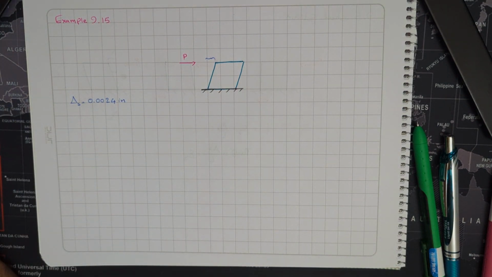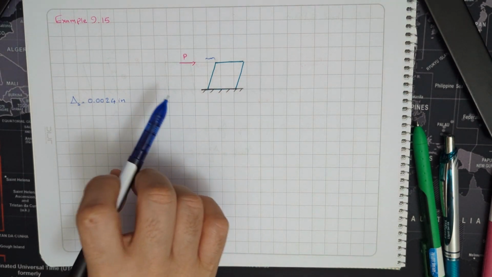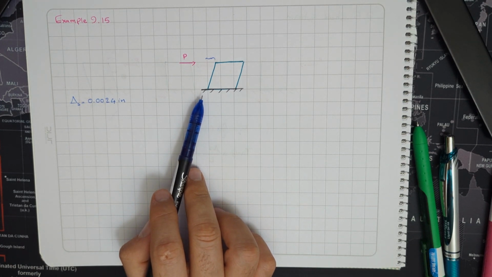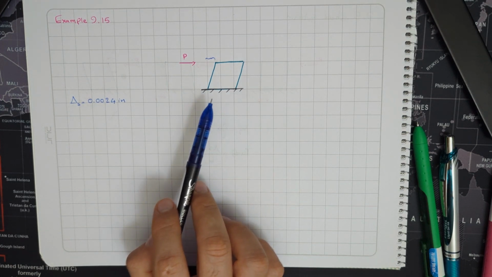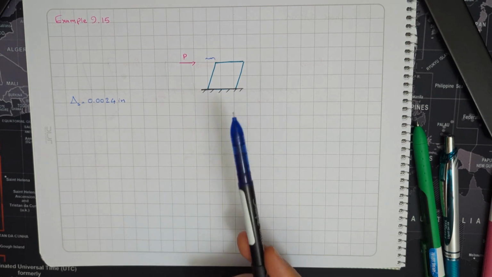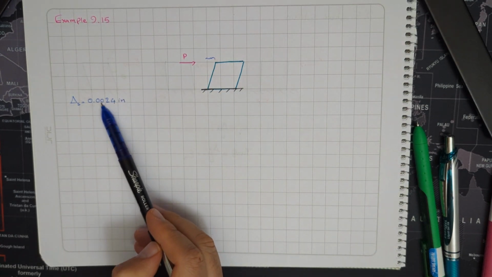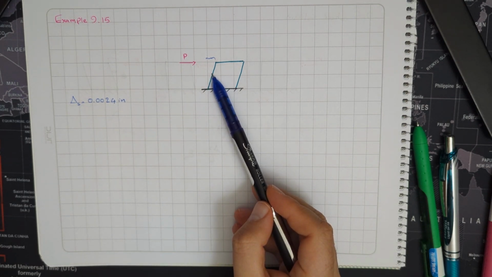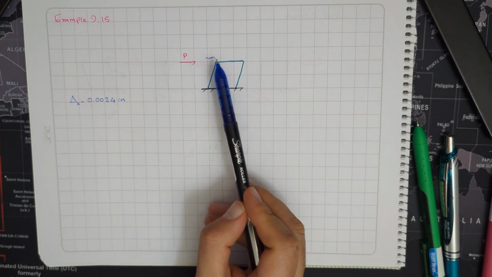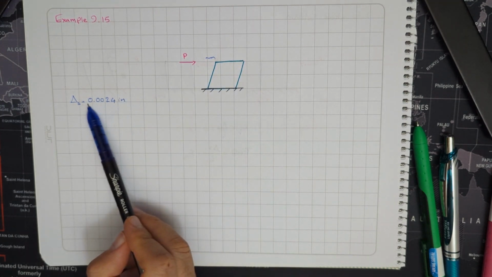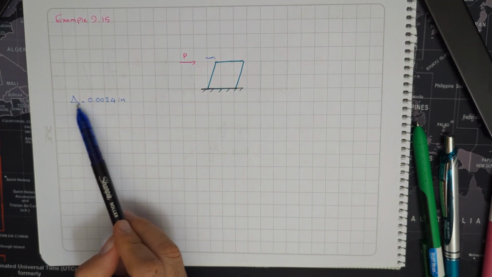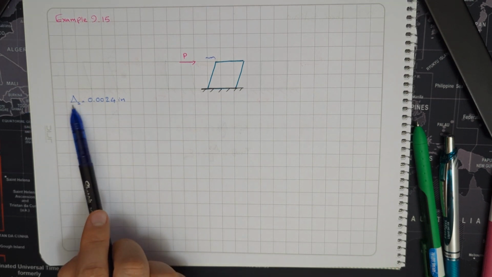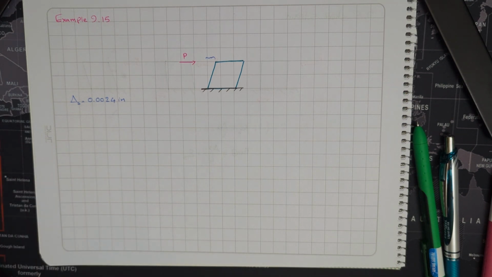Where did I get that? Again, it says in this figure, assume that the P is applied at the top of the block and it displaces the top by a horizontal distance of 0.0024 inch with respect to the bottom of the block. So the distance that it moved this block is this much. So as we talked about before, the distance is delta S, right?